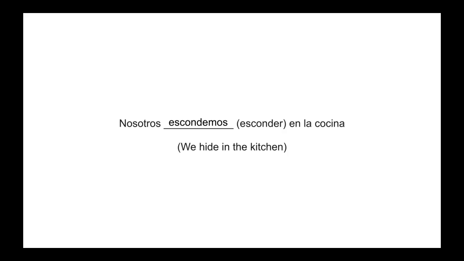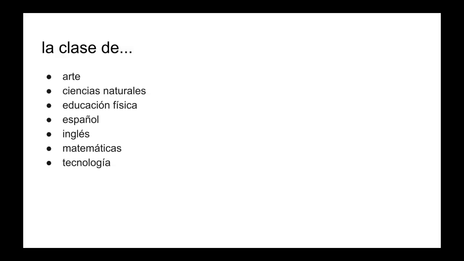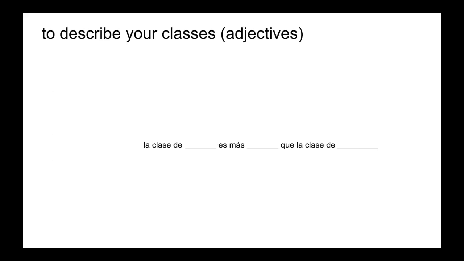Now I want to change gears a little bit. So back to the vocabulary. We've been talking about classes in school. La clase de arte, ciencias naturales, educación física, español, inglés, matemáticas, tecnología. I want to learn now how to do comparisons using our adjectives.